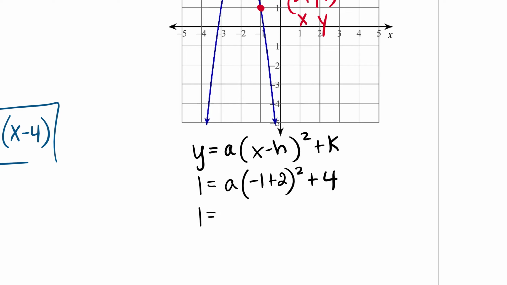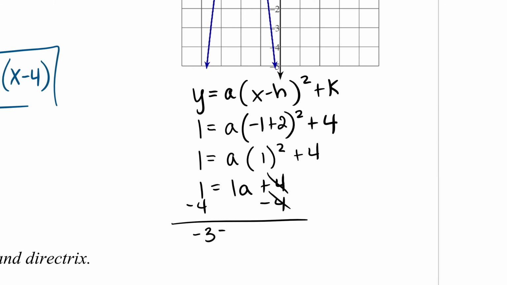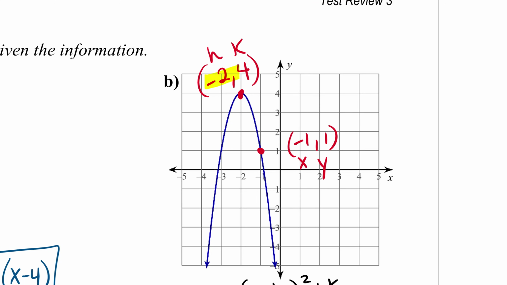-1 plus 2 is 1. So I guess I'll write it down just so y'all can see every step. 1 squared is 1, so I have 1 equals 1A plus 4. Subtract 4 from both sides. 1 minus 4 is -3 equals A, and that's all I needed, right? So same thing, all I need on this is A and then H, K. And now I can plug in my answer.